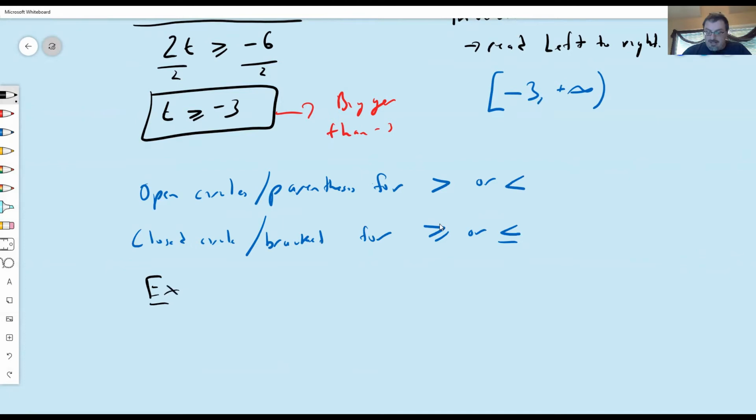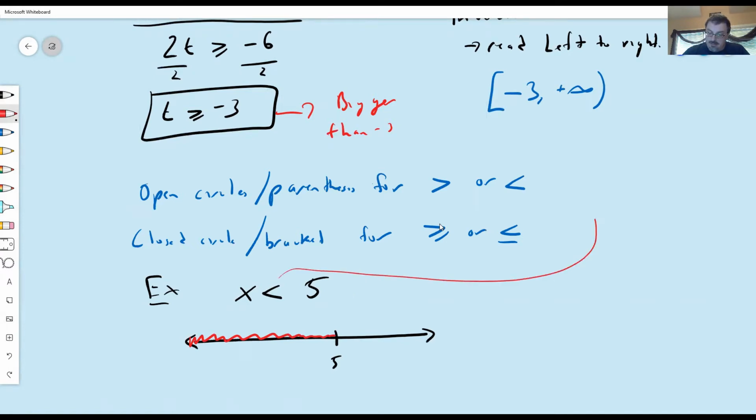So suppose we do some work and we end up with an answer like x is less than, I don't know, 5. If we draw a number line, put 5 right here on my number line. x is less than 5 means we want to be smaller than 5. So every number that is smaller means we go to the left. Now, strictly less than means open circle or parentheses.